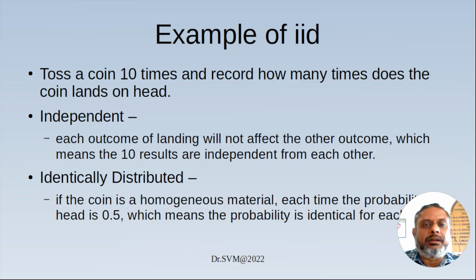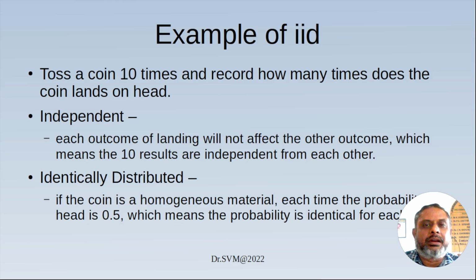Then identically distributed: as long as the coin is fair, each time the probability of getting head is 50%.